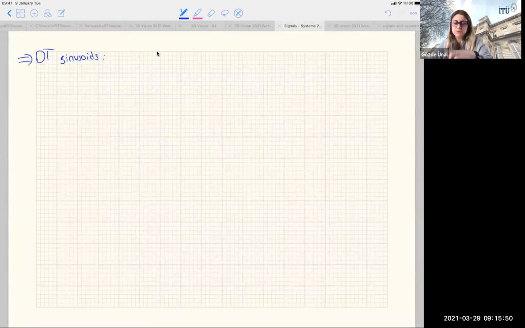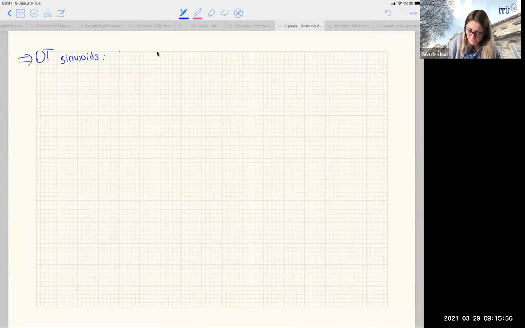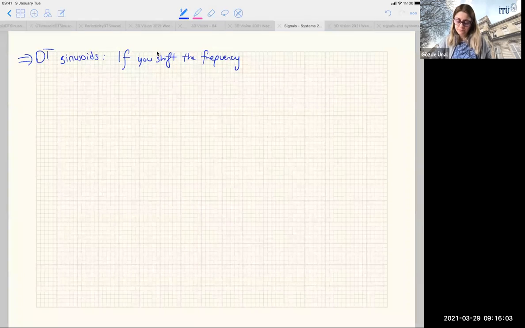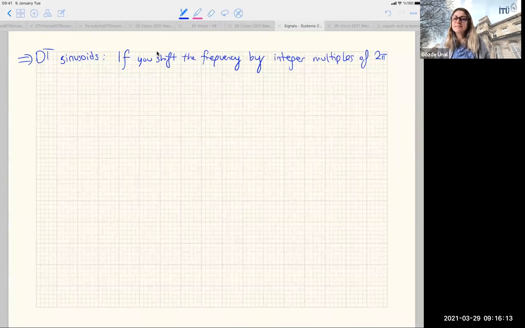They are the same if you shift them by 2 pi k multiples. So if you shift the frequency by integer multiples of 2 pi, I get the same sinusoid.